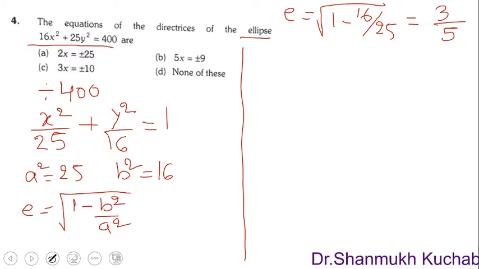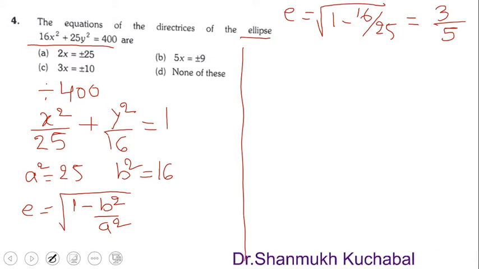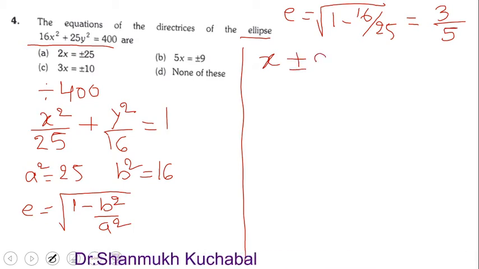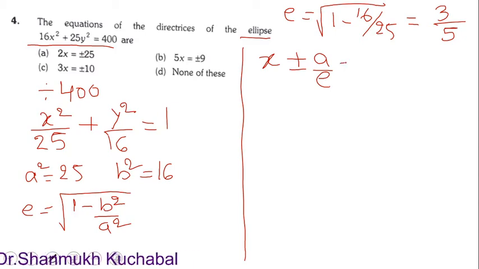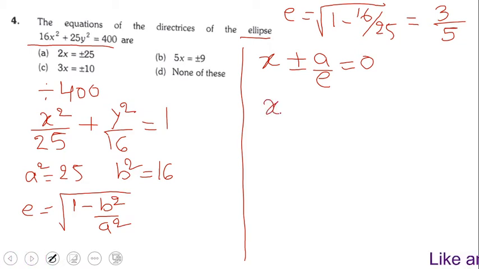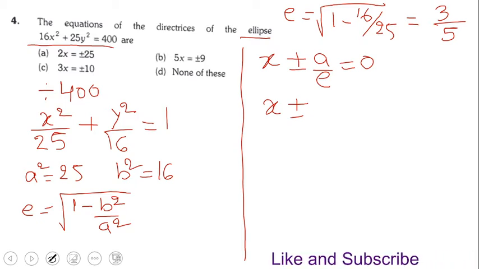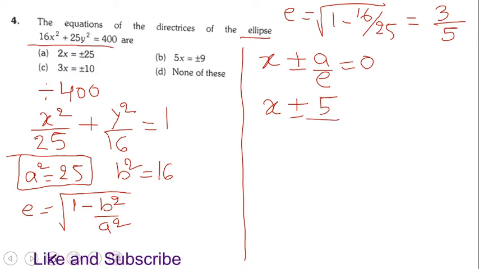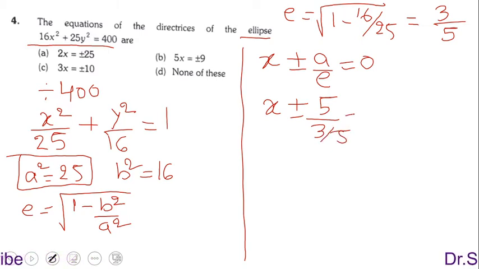Next, I am going to write the directrix equation. The directrix equation is x plus or minus a divided by e is equal to 0. We already know the values of a and b, so we just have to substitute. So x plus or minus a value: a square is 25, so a is 5, divided by e, which is 3 divided by 5, equal to 0.